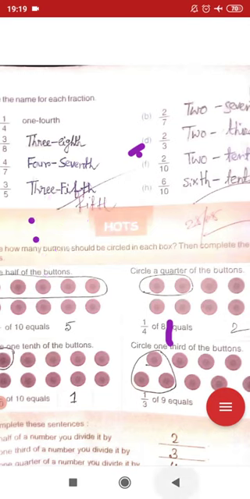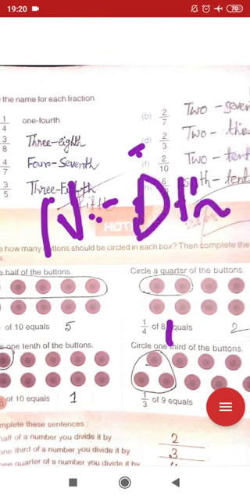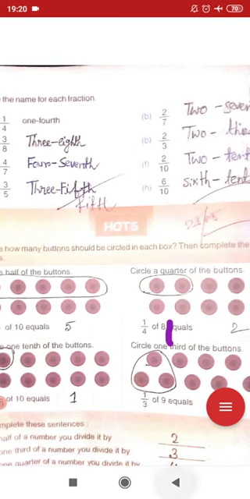What is the numerator? 2 is the numerator. So write 2 using letters and then make a hyphen. Write the denominator, add extra th. My pen is making disturbance. For that I'm extremely sorry.